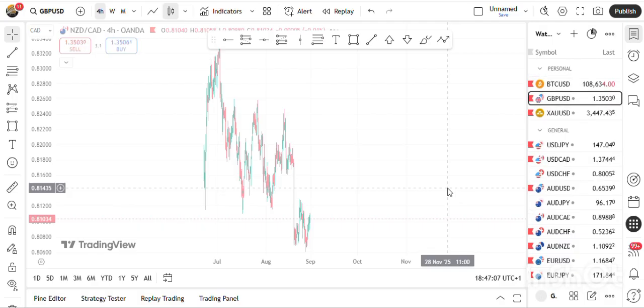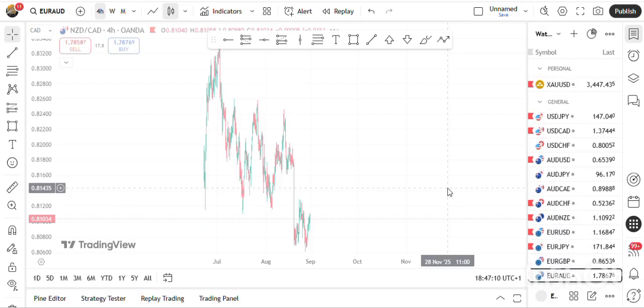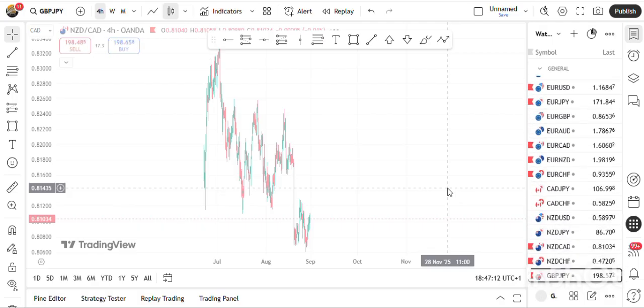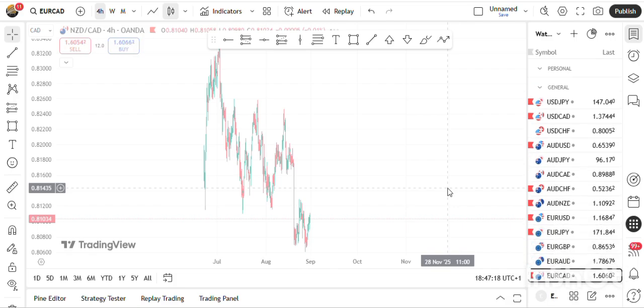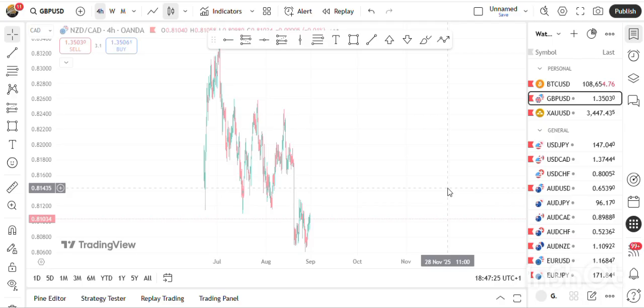If I take any trade on these pairs, I will inform you guys about it. Meanwhile, my BTC trade is still cooking nicely.